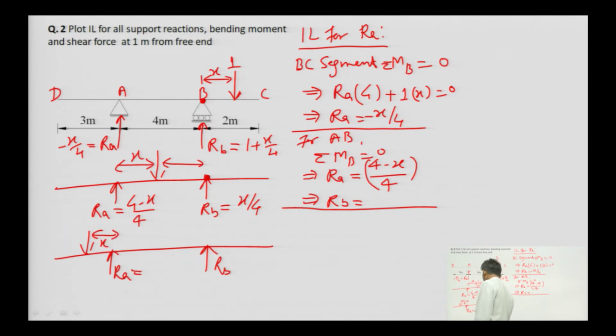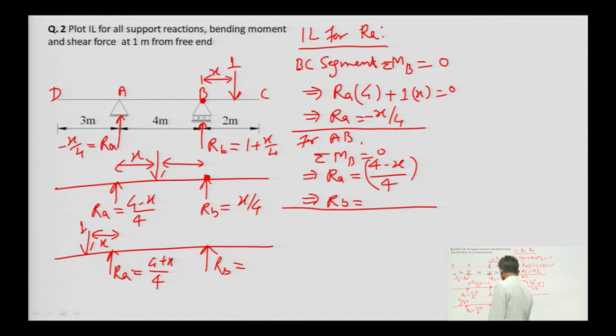So, the value of RA will be 1 into (4 plus x) divided by 4, if you take the bending moment at this point equals to 0. RA is giving clockwise, but the unit load is giving anti-clockwise, that is why plus sign will be here. And what will be the value of RB?